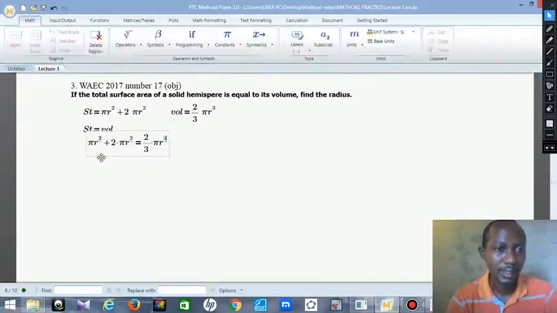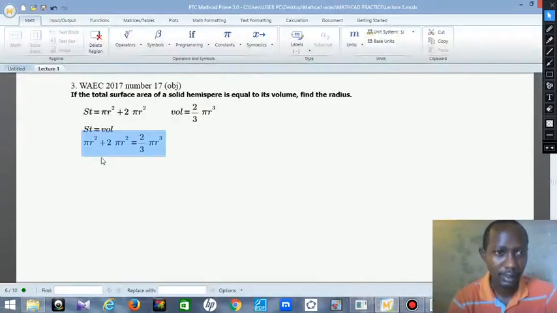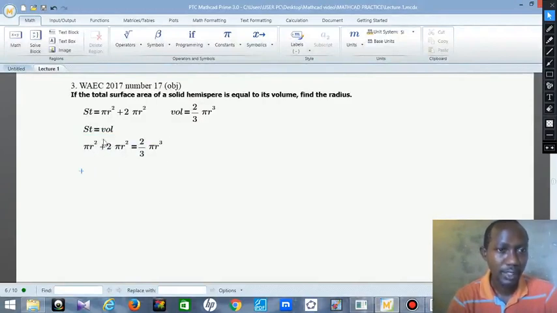Yes, so that is it. You can see it clearly. So the total surface area is equal to the volume. Then we'll now solve for radius.